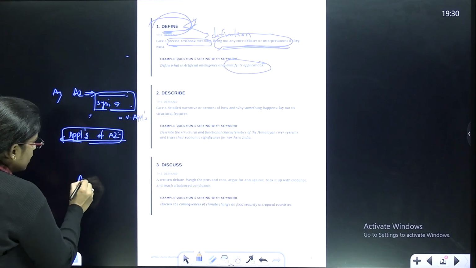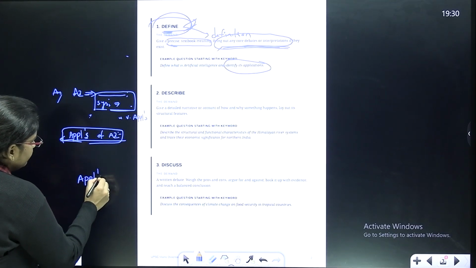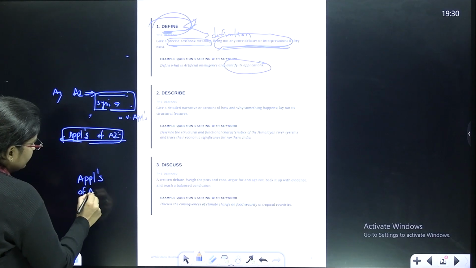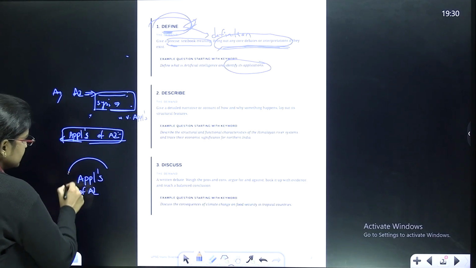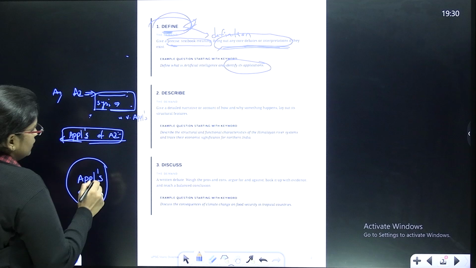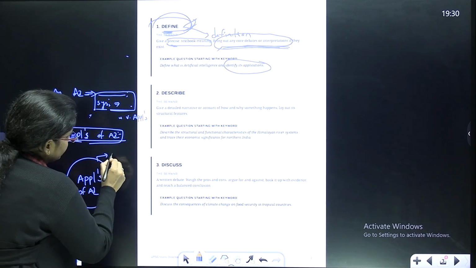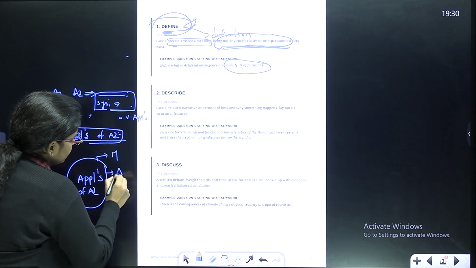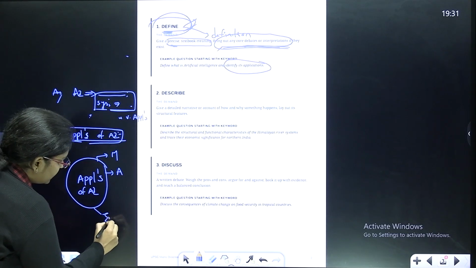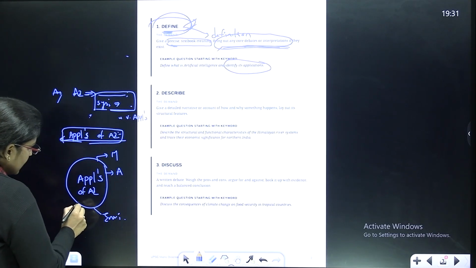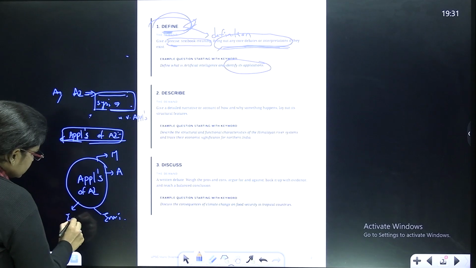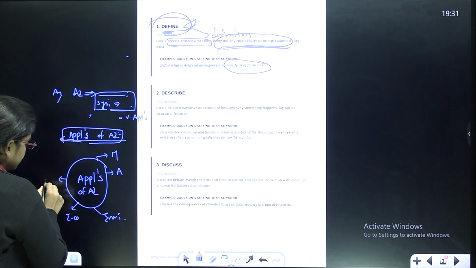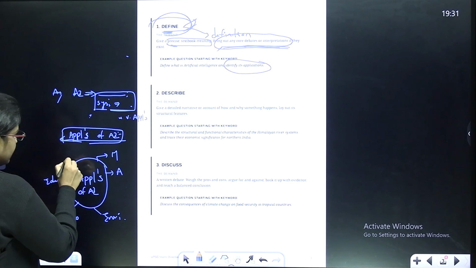So here what I will do is write applications of artificial intelligence like this, and I can also mention medical field, agriculture field, environmental field, okay, and also e-commerce field, education field, okay.